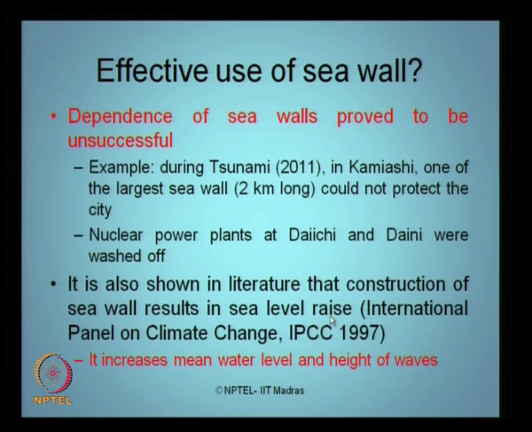This has been shown in one of the reports submitted by the Intergovernmental Panel on Climate Change, called IPCC 1997. The report says sea wall construction increases mean water level and height of the waves. So, these 2 serious questions posed by the presence of sea walls in the recent past really show that the effective use of a sea wall is still a subject of question.